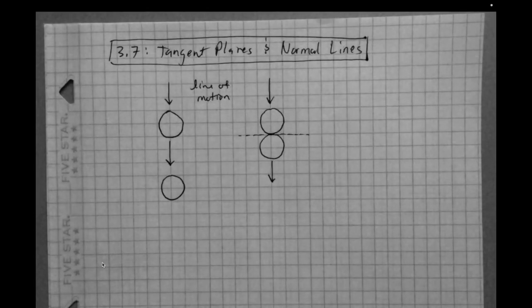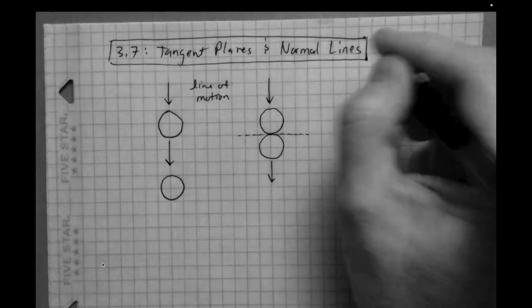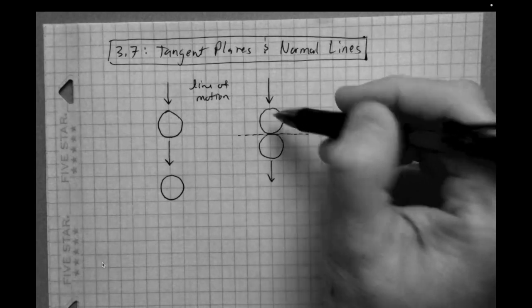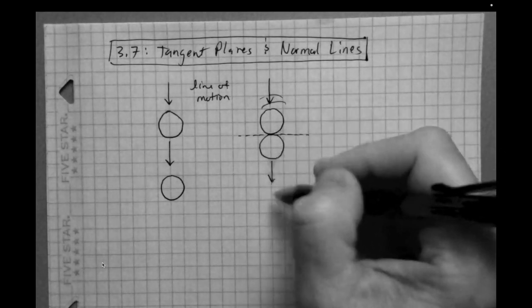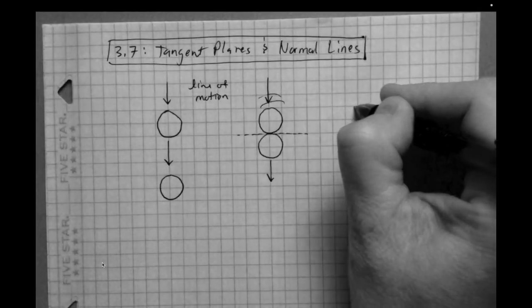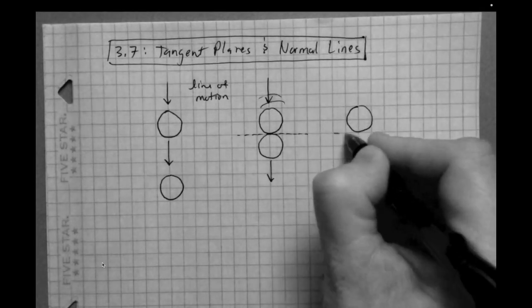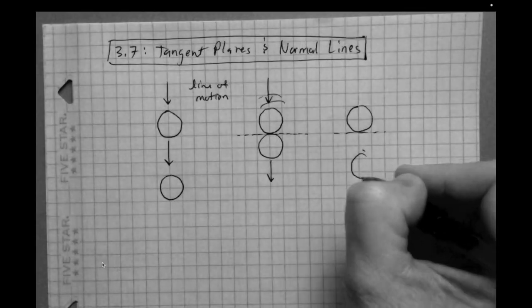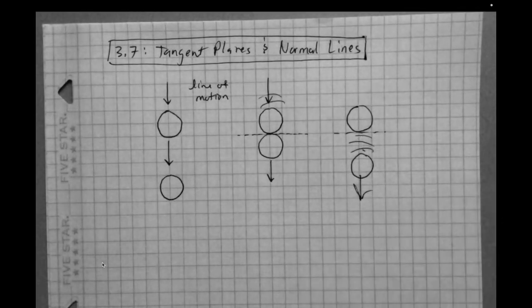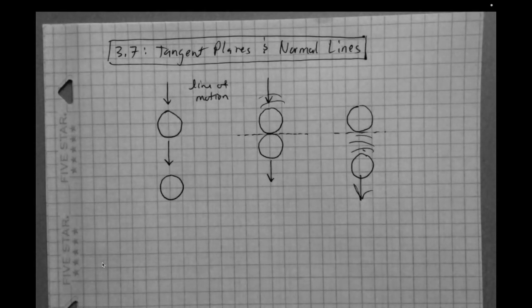So if the ball is indeed moving along this line of impact, when it strikes this other ball, it'll stop dead and transfer all of its momentum to the stationary ball, which will obviously move away along the same line of motion. Okay, so this is the case where the balls are perfectly aligned.